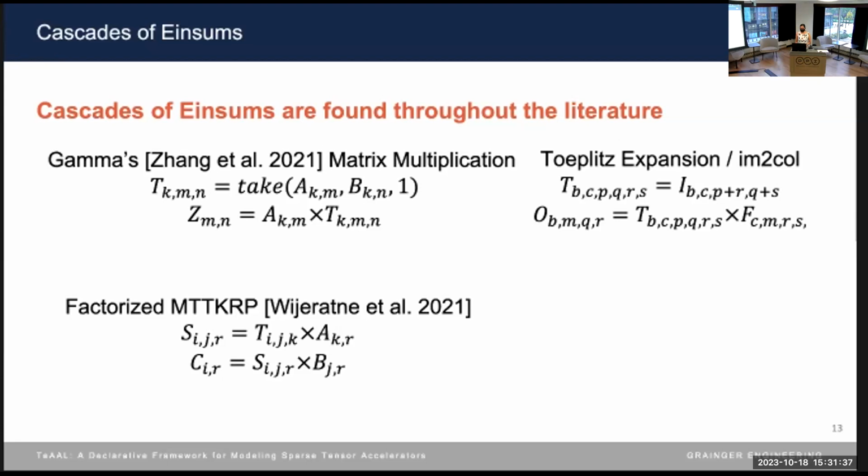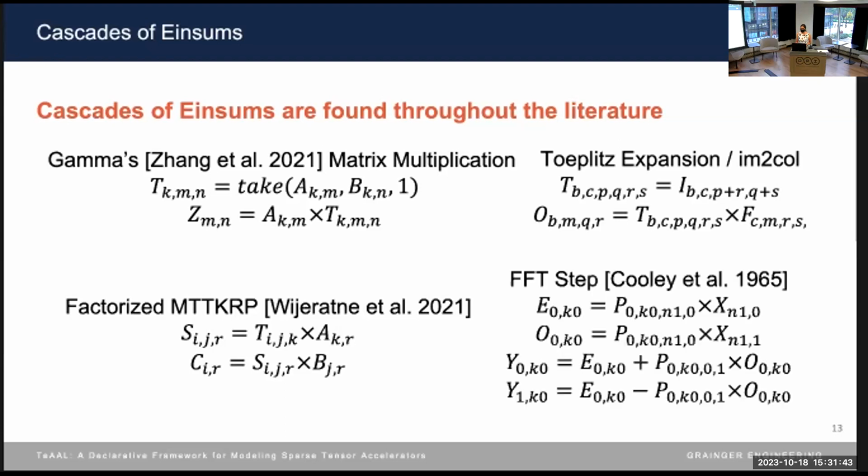Some implementations of MTTKRP factor the kernel into 2 einsums to reduce the number of multiplications required. We also found that cascades of einsums are general enough to describe the Cooley-Tukey fast Fourier transform. The takeaway here is that cascades of einsums are a general abstraction, expressive enough to describe kernels in many domains, from tensor algebra to machine learning to signal processing.